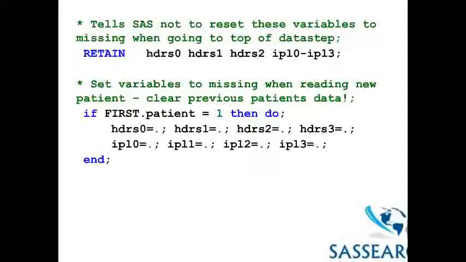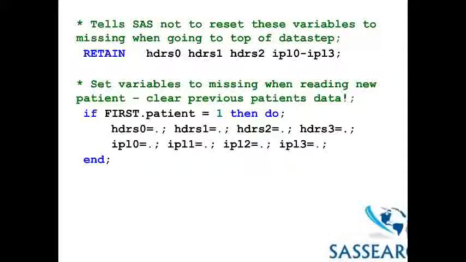However, because we do this, we will need to set these new variables to missing when a new patient is processed. This clears out the previous patient's data values. If we did not do this, we might use the previous patient's value for the new patient.